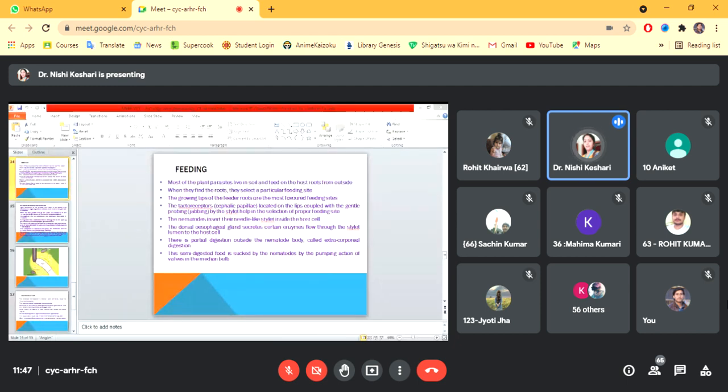Once their feed is complete, they take some rest, and then again puncture another location with their stylet. But the sedentary and semi-endoparasites remain at one place for their whole life cycle, and they change the surrounding cells into such a type that all these cells serve as their food for the whole life cycle.